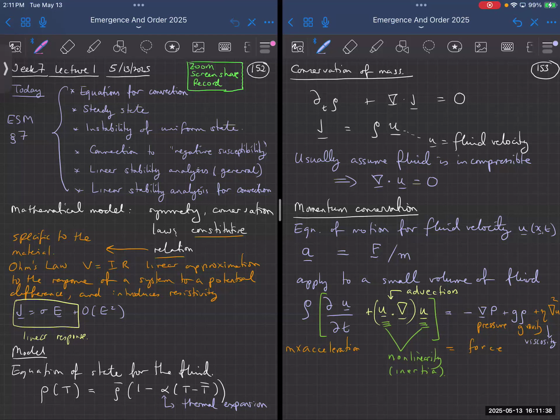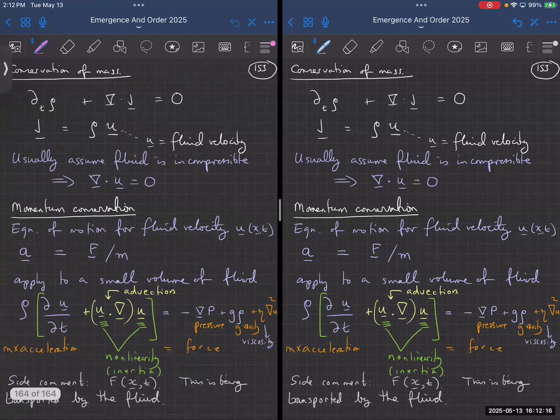So let's take a side tour and describe where this comes from. Let's suppose I have a scalar quantity f, which is a function of space. And let's suppose that this is being transported by the fluid. Okay.